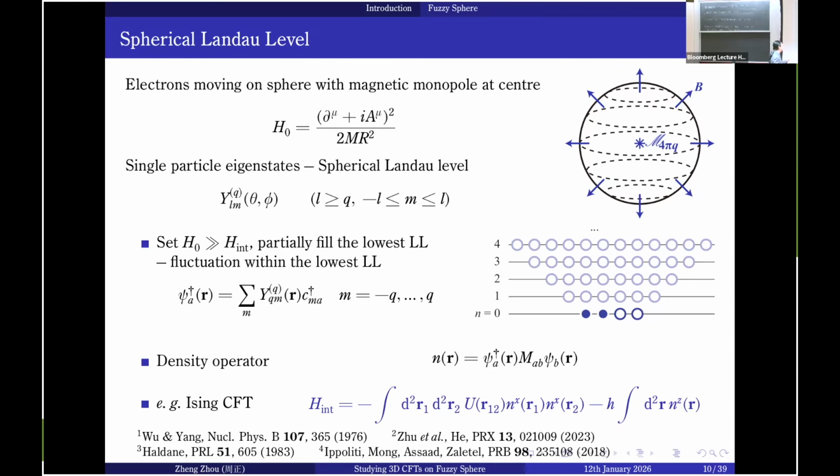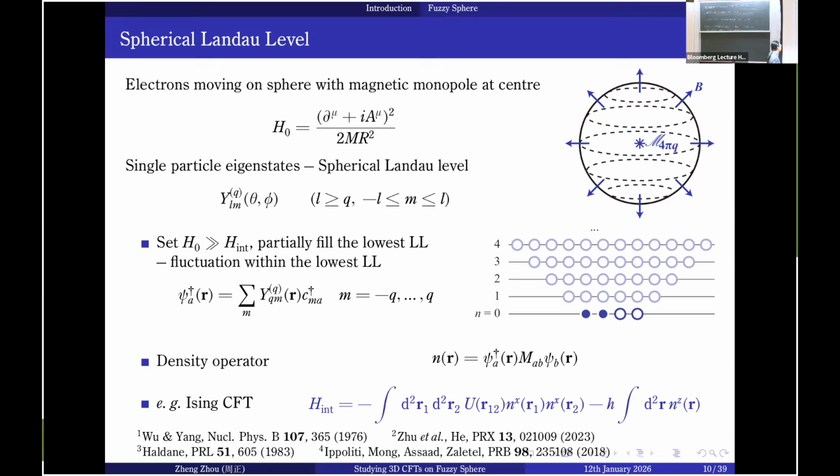So we write down the electron creation operator as a linear combination of the creation operators of the orbitals on the lowest Landau level. So now we have these single particle states. To construct an interacting Hamiltonian, the simplest building block is the density operator, which is a local fermion bilinear.